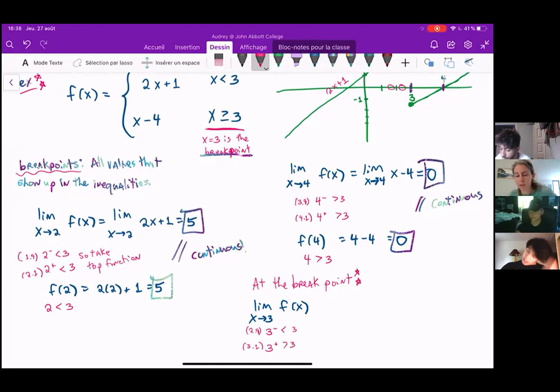So notice that when I'm doing the breakpoint, 3 from the left and 3 from the right are on different intervals. So what that means is I'm going to have to look at the left and right limits separately.